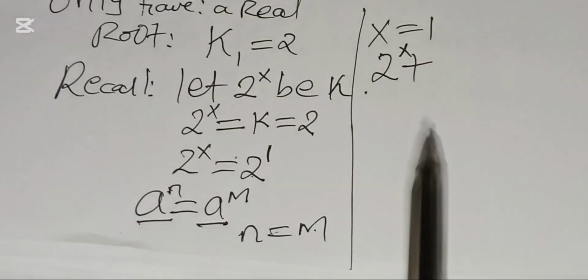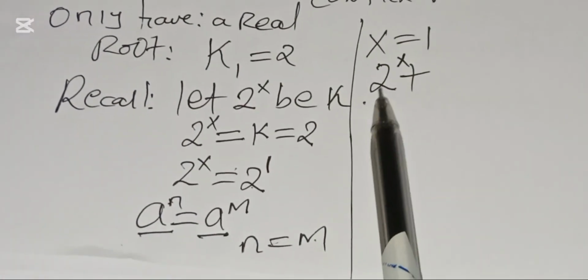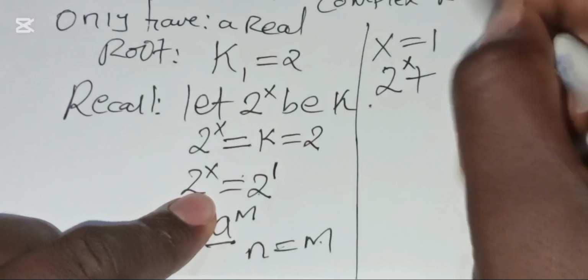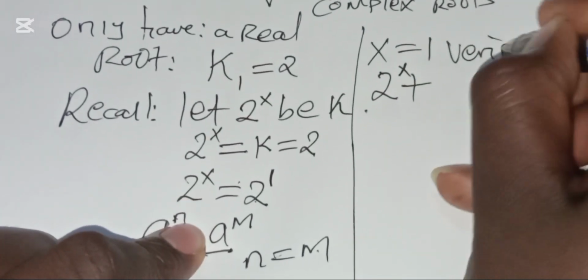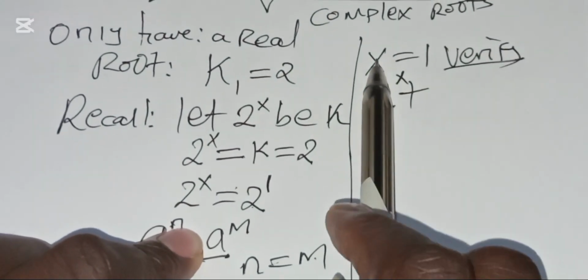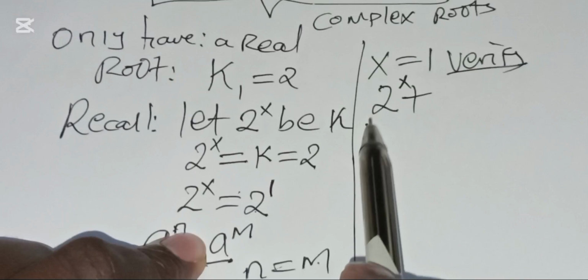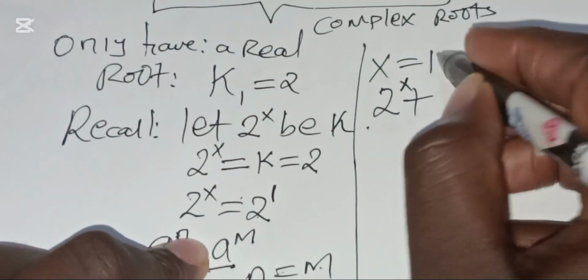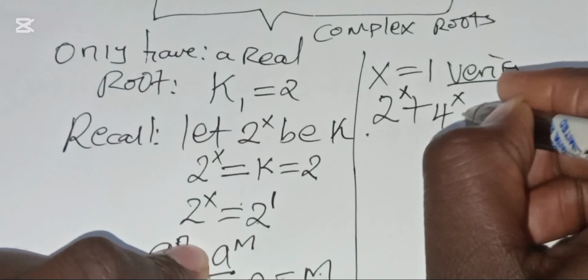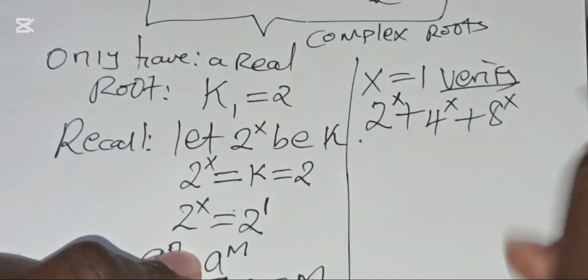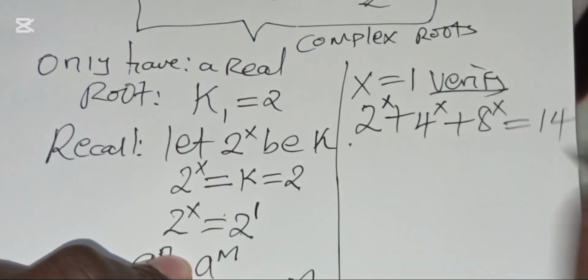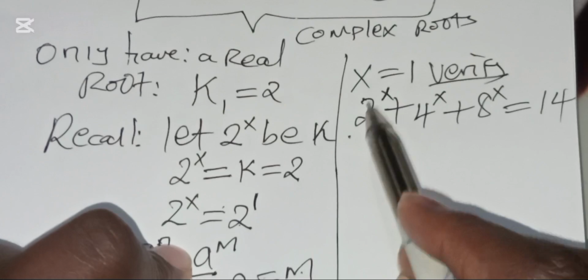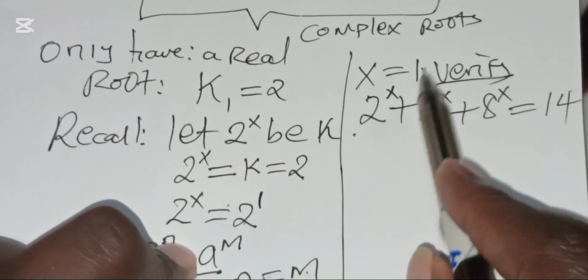Now we have that x is equal to 1, and we can verify. Let's verify if this value of x equal to 1 satisfies the equation. Remember, we have 2 raised to power x plus 4 raised to power x plus 8 raised to power x, which is supposed to give us a value of 14. Let's substitute the value of x, which is 1.